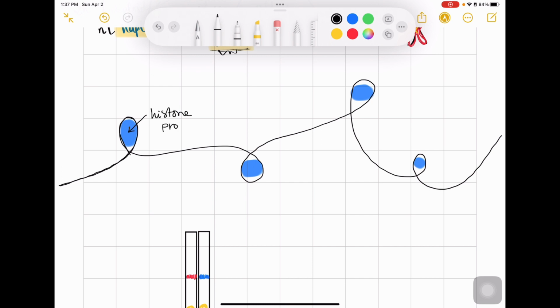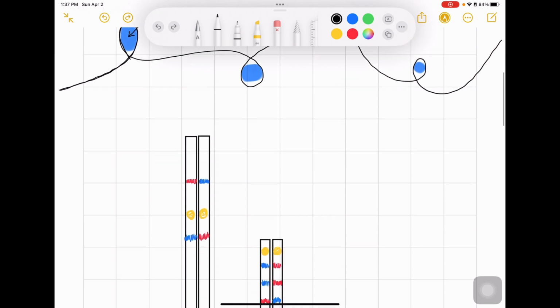Histone proteins. This is essential for you to know because it allows us to contrast the difference between a prokaryote and a eukaryote, because prokaryotes don't have these histone proteins. Only eukaryotes do. So that's just important to know.